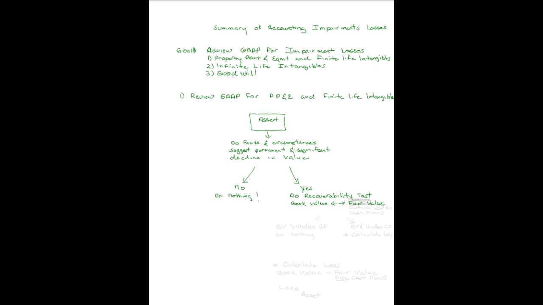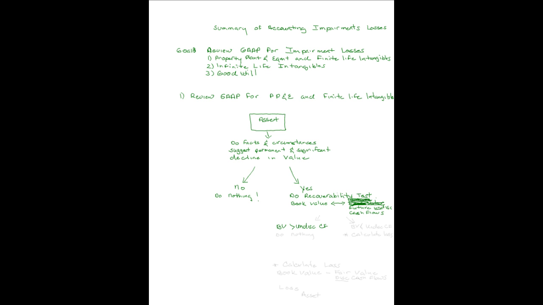the recoverability test has you compare book value to fair value. Oops, not fair value. Sorry about that. I was about to screw up my own summary. Compare book value to the future value of undiscounted cash flows.